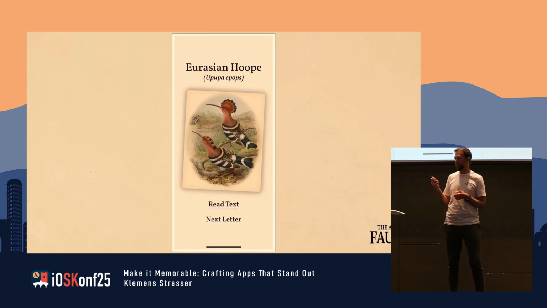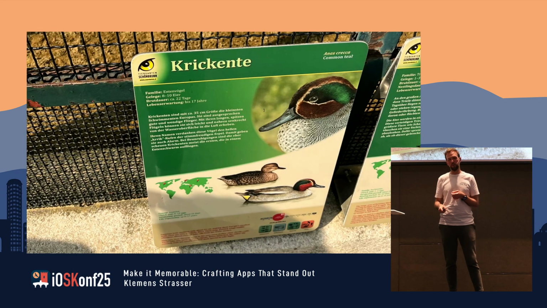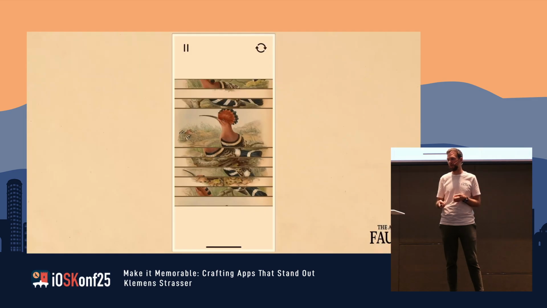And then one day I was wandering around the zoo, and I saw a thing like this, which is a description of an animal in the zoo, with an image of the animal and a text, and I thought I could do something similar for the Art of Fauna.